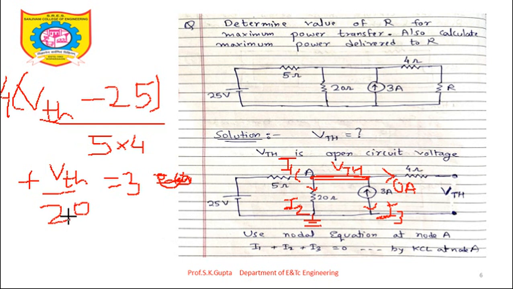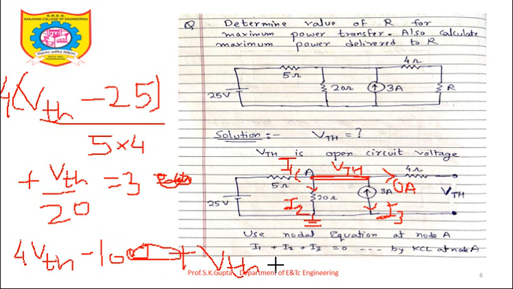So denominator is 20, so 20 will be cross multiplied, 20 into 3, 60. So numerator is 4 VTH minus 4 into 25, minus 100, plus VTH minus 100 plus VTH equal to 60.